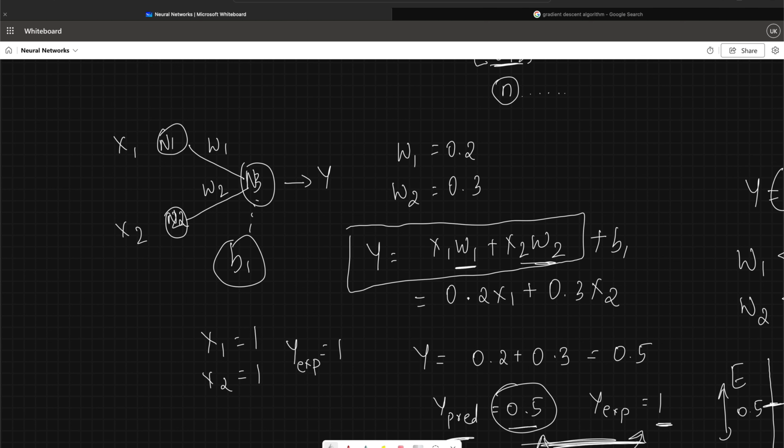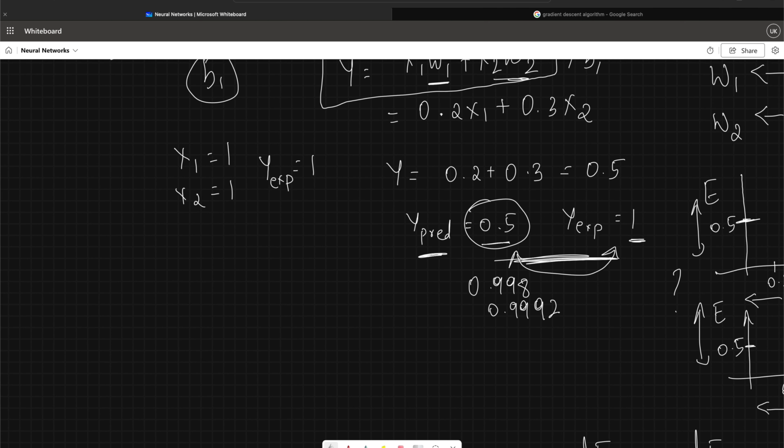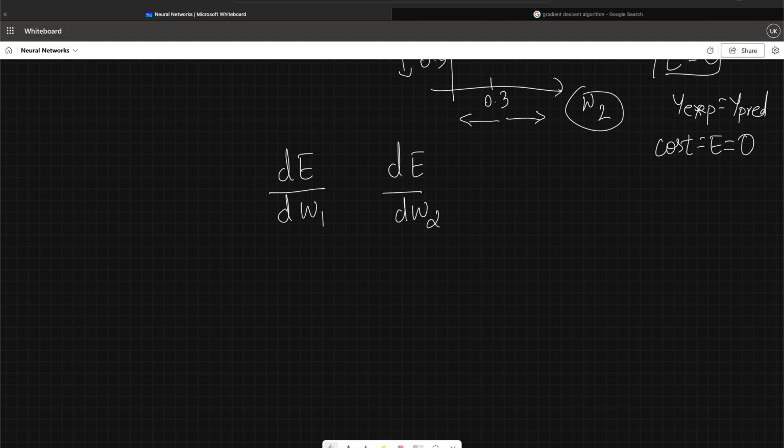So now coming back to this, we'll try solving dE by dW1. How is the error that is occurring dependent on W1? Like how will my error change if I increase or decrease W1, right?